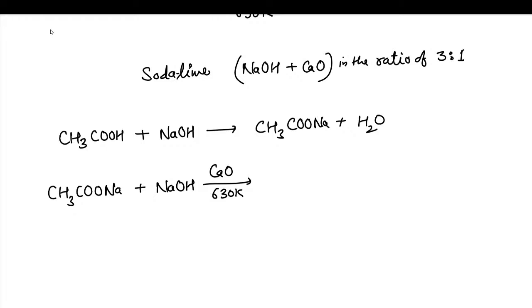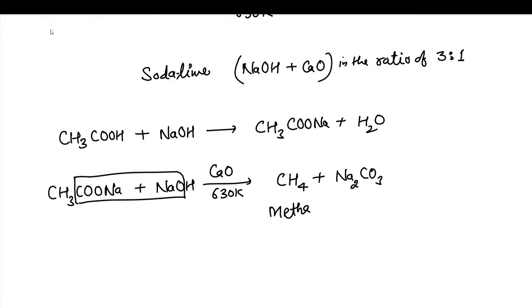Calcium oxide is a drying agent. So there is removal of sodium carbonate and formation of alkane, that is methane, with one carbon atom less than the carboxylic acid. Similarly, we can prepare others.